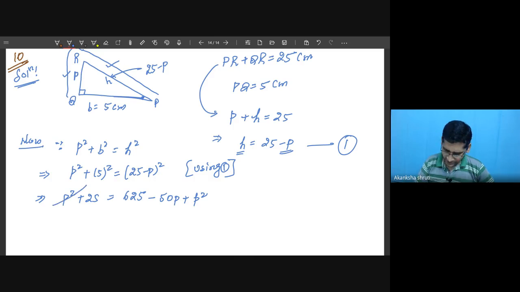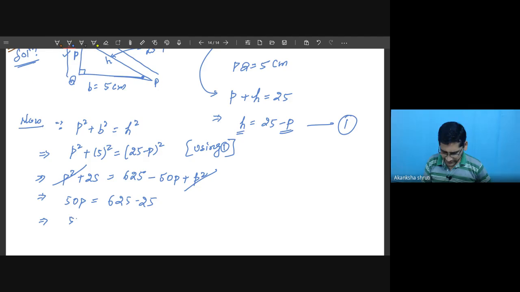Now students, this P square gets cancelled. So you bring 50P to the left hand side and the 25 to the right hand side, and we get 50P is equal to 600, or P is equal to 600 by 50.